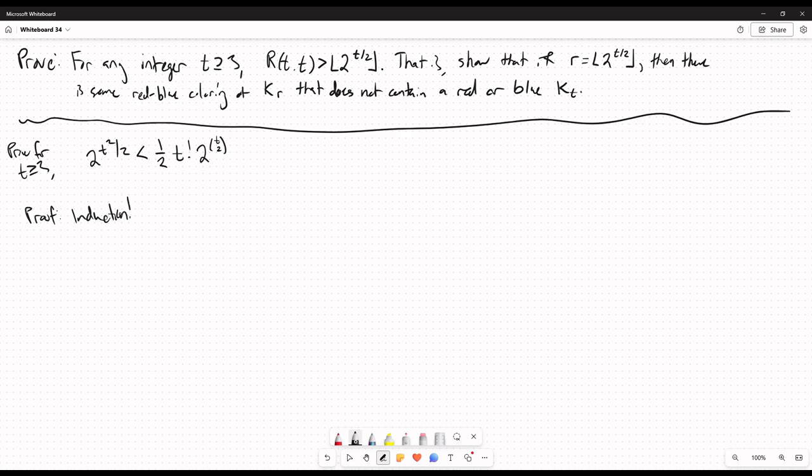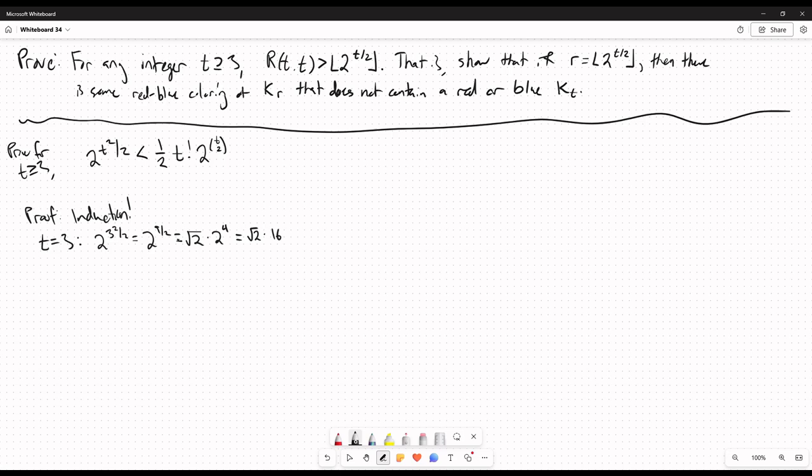Since we're proving for t greater than or equal to 3, our base case is where t equals 3. In that case, we're going to have 2 to the power of 3 squared over 2. That's going to equal 2 to the power of 9/2, which equals the square root of 2 times 2 to the power of 8/2, or 4, which equals square root of 2 times 16.